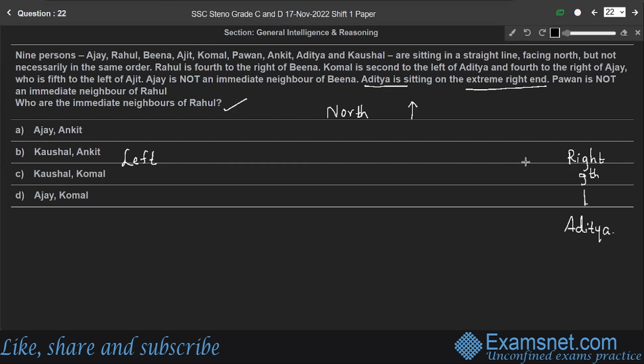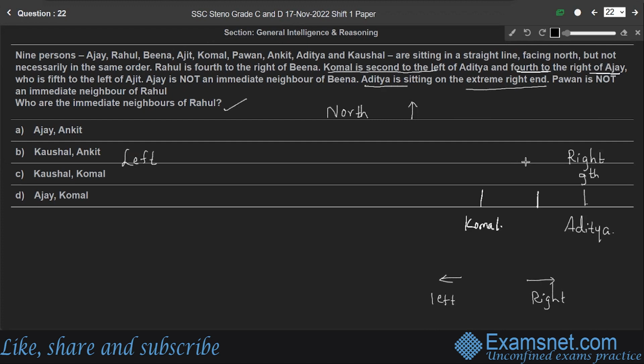So next, to the left of Aditya. Consider the second point. Komal is second to the left of Aditya. To the left of Aditya means this direction. So second to the left of Aditya, Komal is sitting. So first person is here, and second person is Komal. And this Komal is fourth to the right of Ajay.